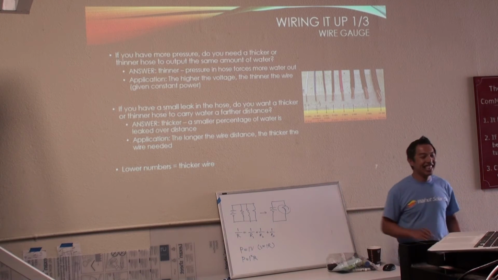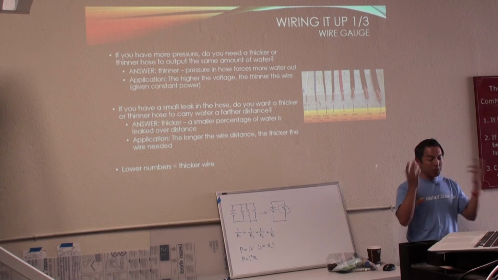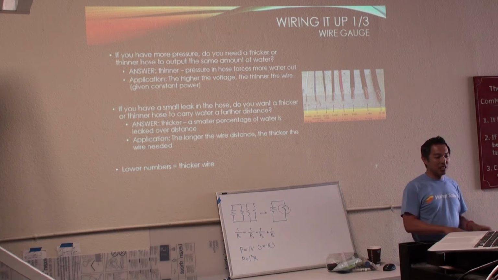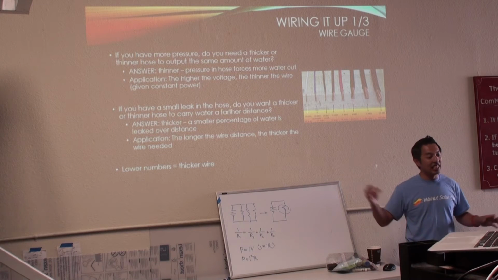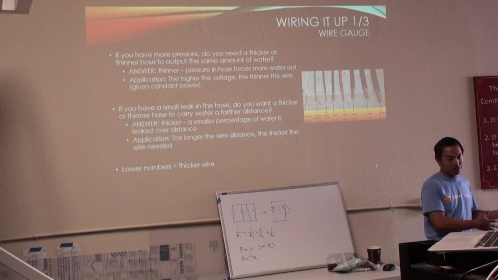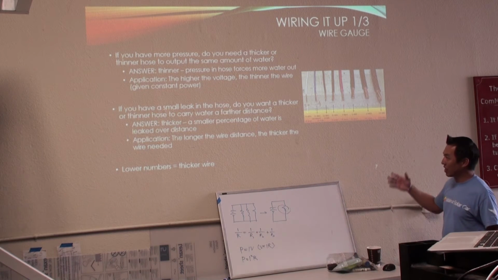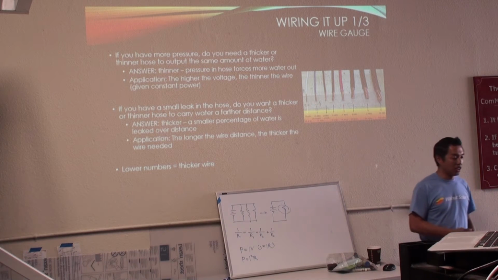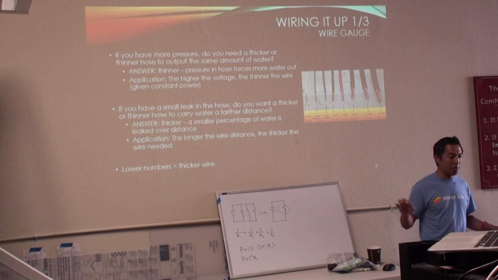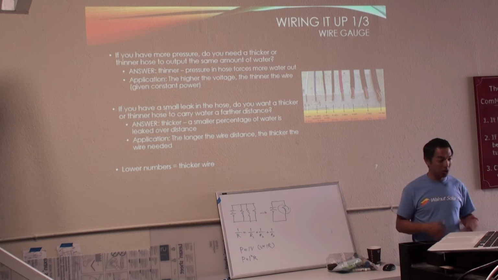But I mean, physics aside, conceptually you understand, right? That the thicker the wire, the more conductors there are in it, the easier the current flows through. Which means that you have to size your wire based on the capacity, or the amount of current that you expect to run through it.